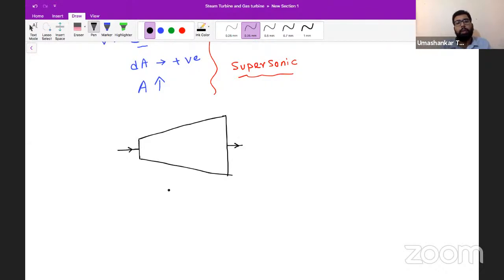That means in English we call it diverging. So in supersonic condition, in order to increase the velocity, you have to increase the area.